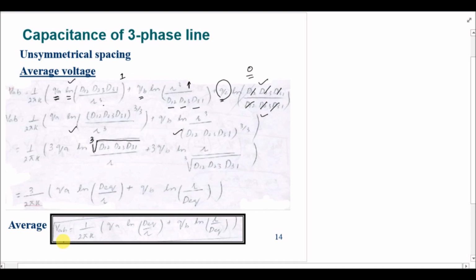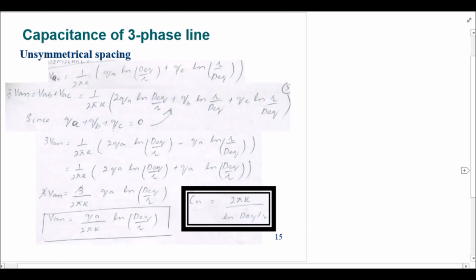And when we take the average, this 3 will cancel out with the 3 in the denominator. So this is the average value of VAB when all the positions of transposition are considered in the derivation.